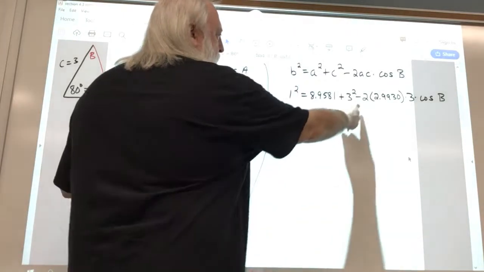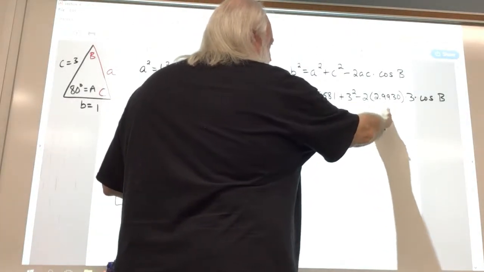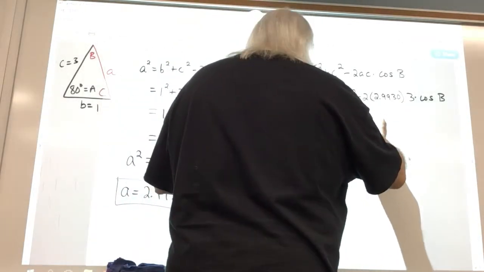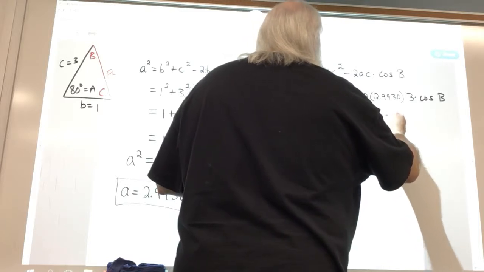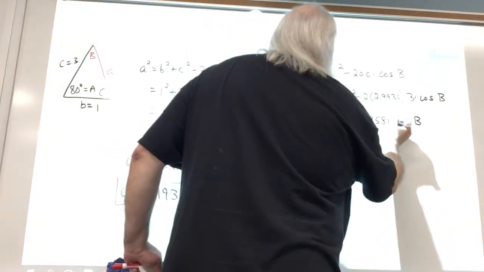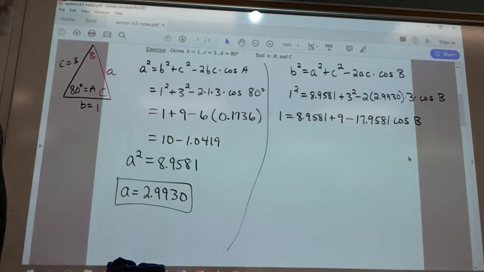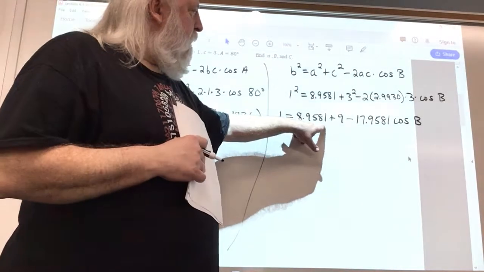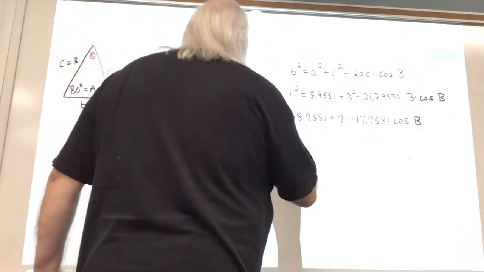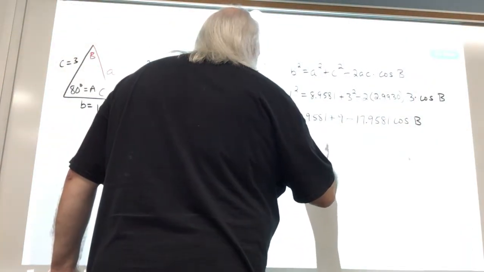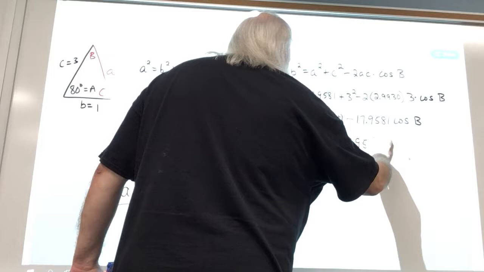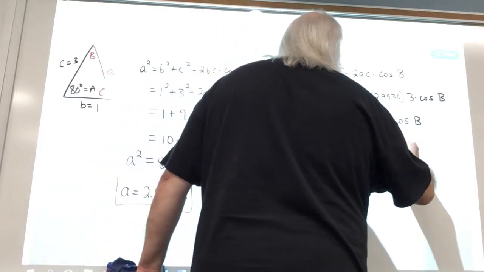And now we can do the multiplication. 2 times 2.9930 times 3 is equal to 17.9581, and that's being multiplied by cosine angle B. Well, the 8.9581 plus 9, they're like terms, so you can add those two together, and we get 17.9581 minus 17.9581 times the cosine of angle B.